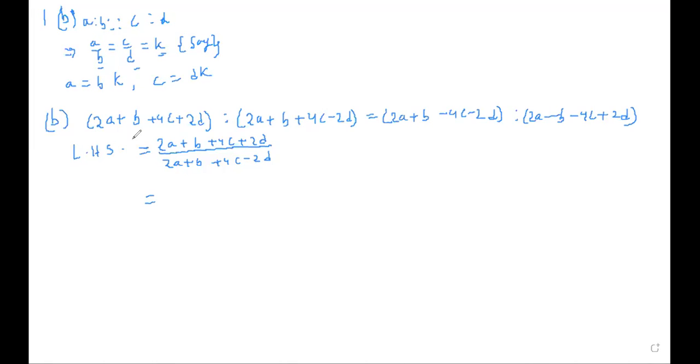Now we use our assumption, the assumption which we have assumed, A equals BK and C equals DK.